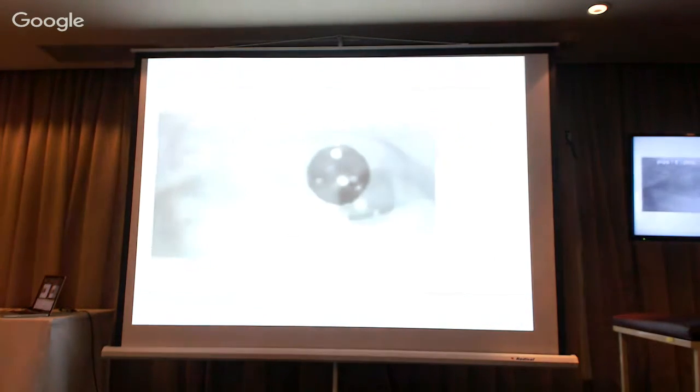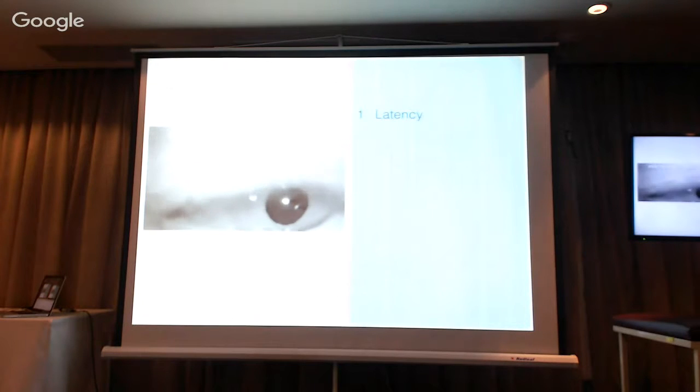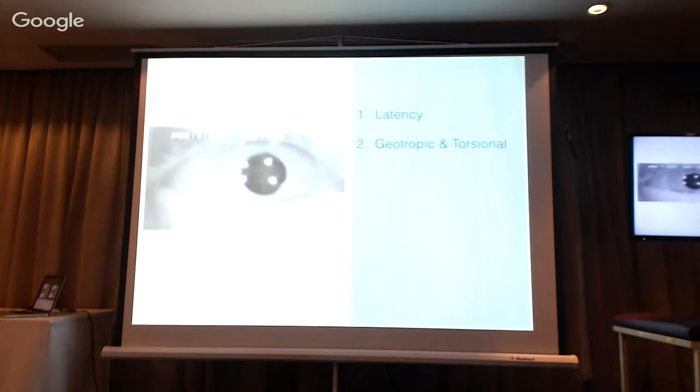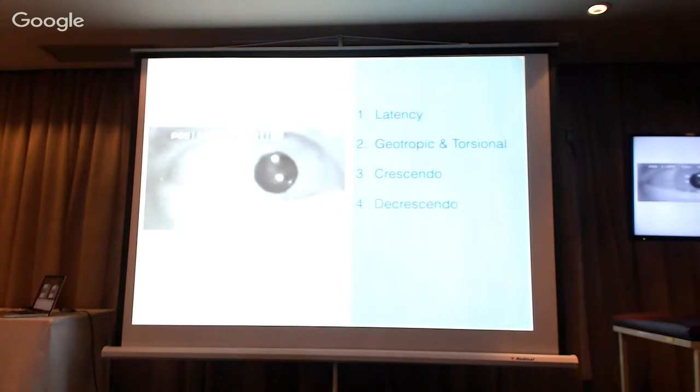I hope you appreciated these features. When the nystagmus started, it didn't start immediately. There was a latency. And then it is geotropic, towards the ground, with a corrective upbeat, torsional component. And it becomes worse initially, crescendo, and then decrescendo. So those are the features.